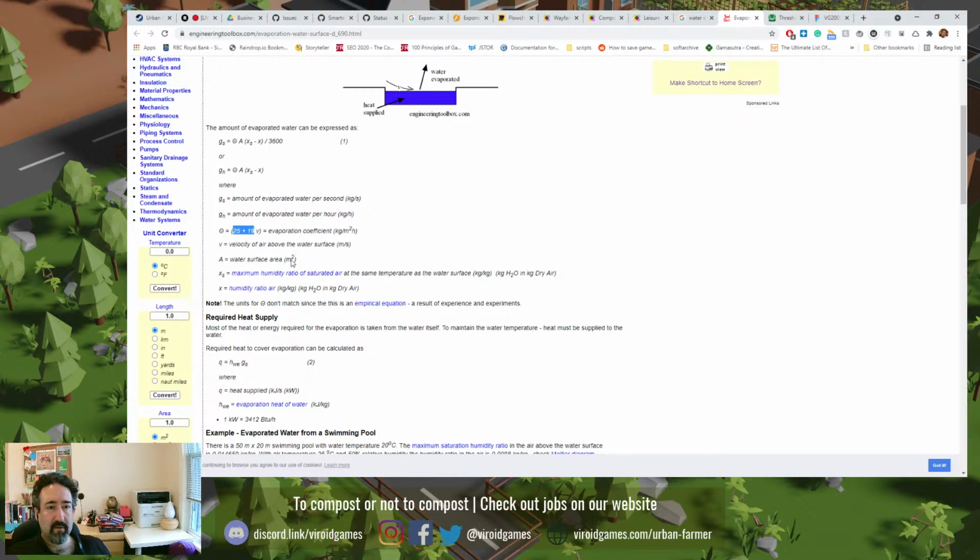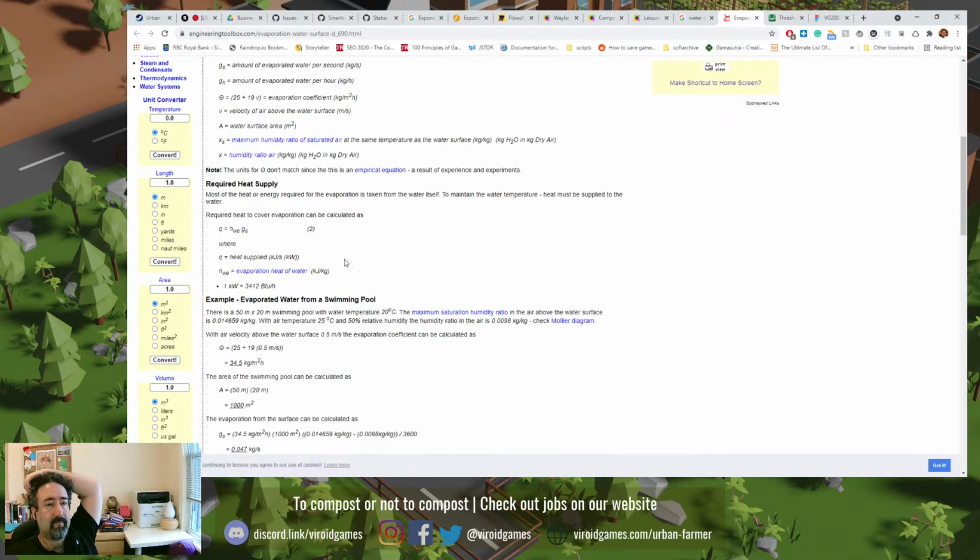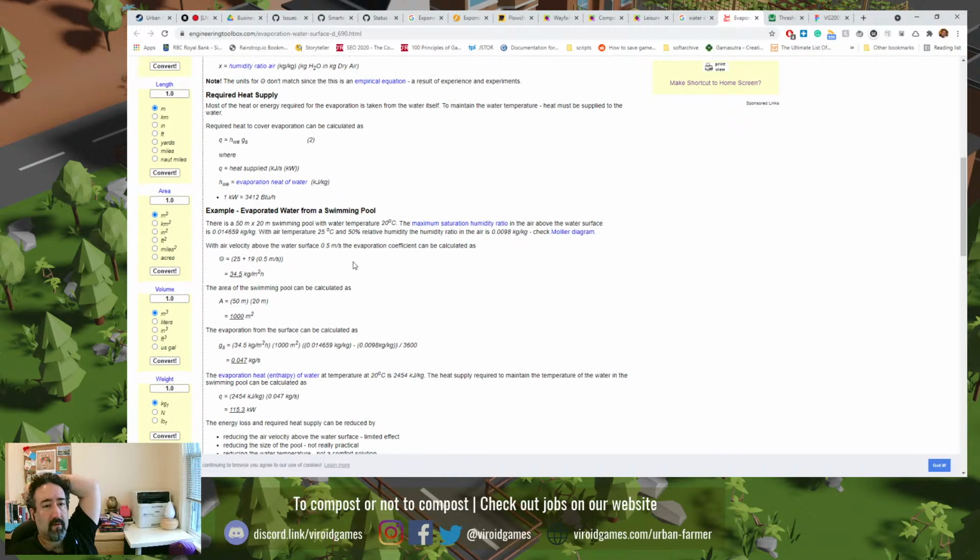What's the deal with temperature though? Did I miss the temperature here? The higher the temperature, the more humid it gets. So this actually is taken into account. Temperature is not exactly here. There's a 50 by 20 meter swimming pool with a temperature 20.